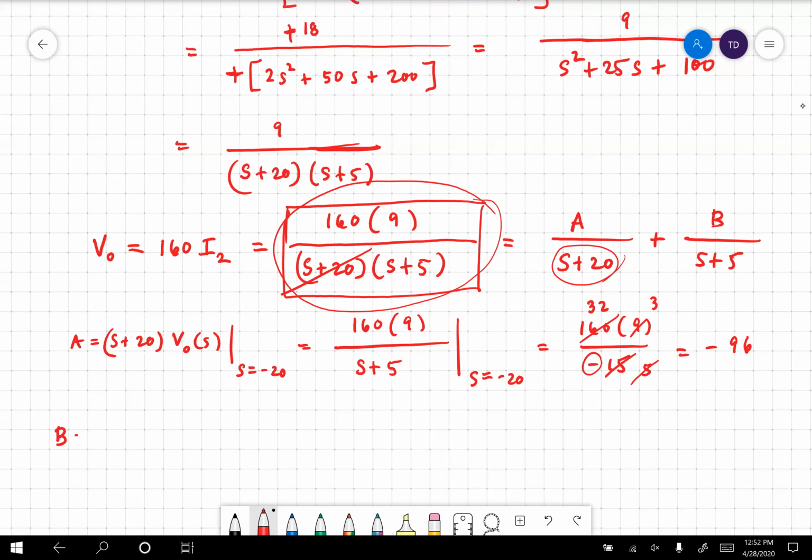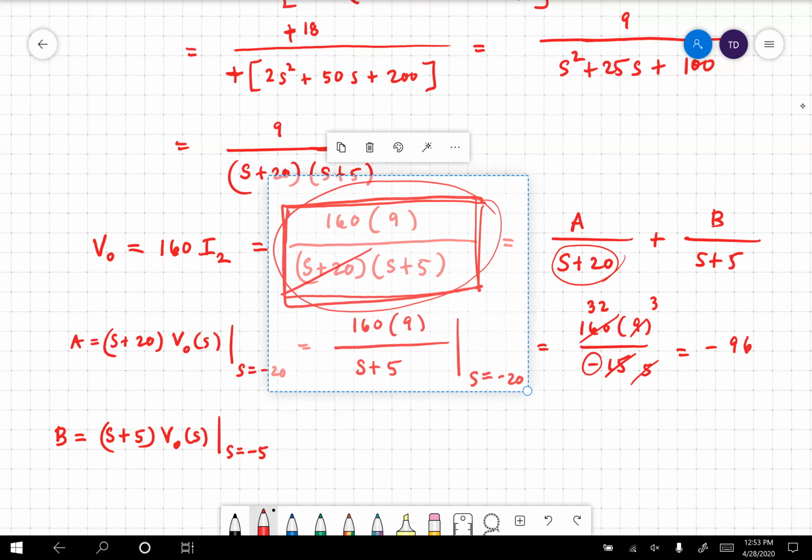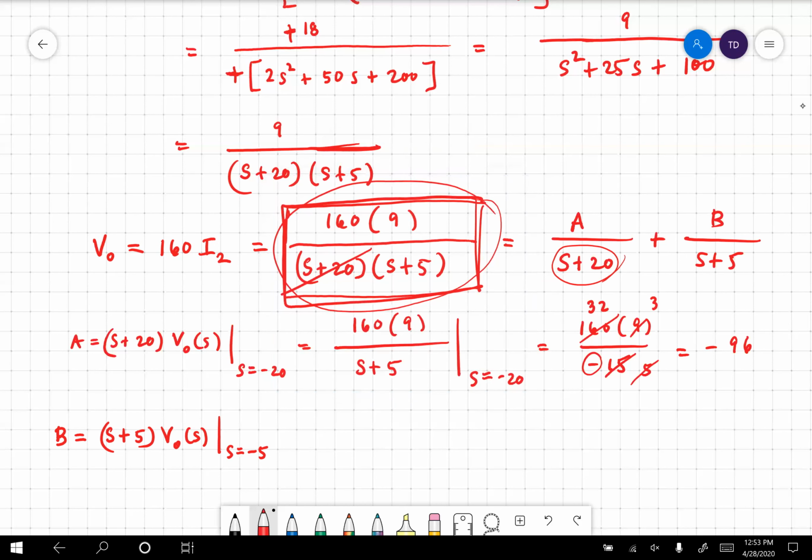What about B? B is equal to s plus 5 times V0 of s, evaluated when s is equal to minus 5. This time I'm looking at this same thing, and instead of this s plus 20 canceling, this cancels this time.